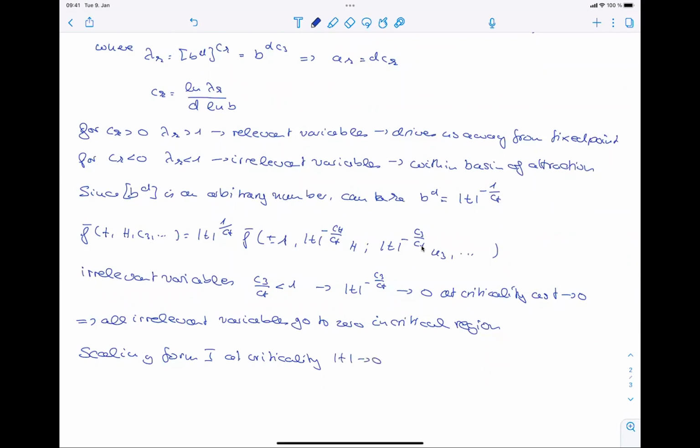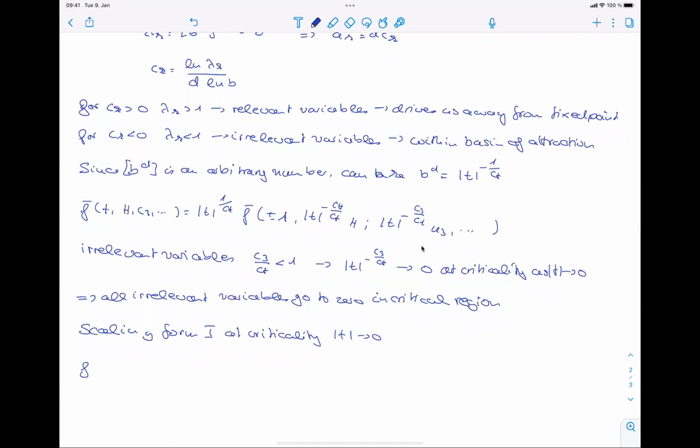In the limit of sending the temperature to 0, which removes all the irrelevant variables, we have the functional form t to the power of d over ct, and that's a function now only of h divided by t to the ch over ct.